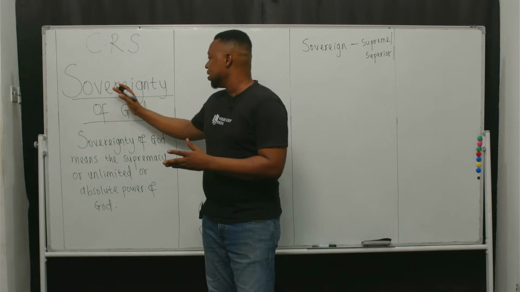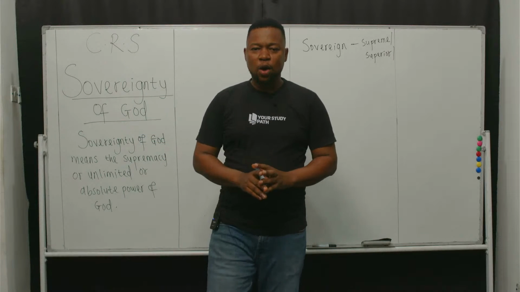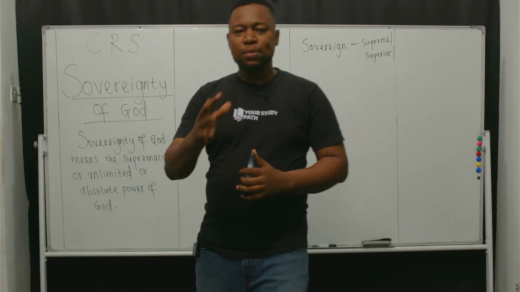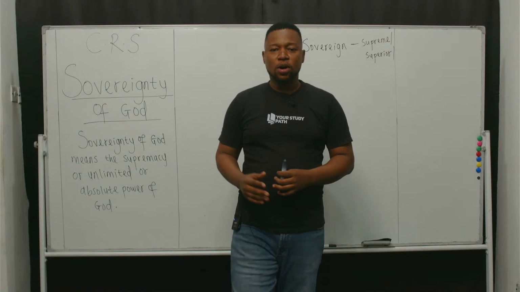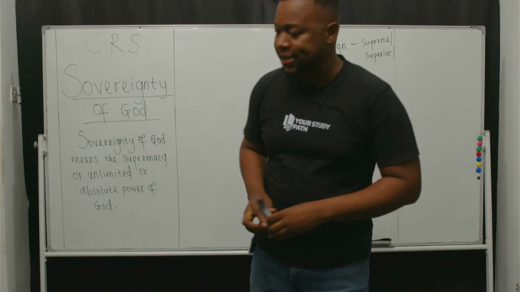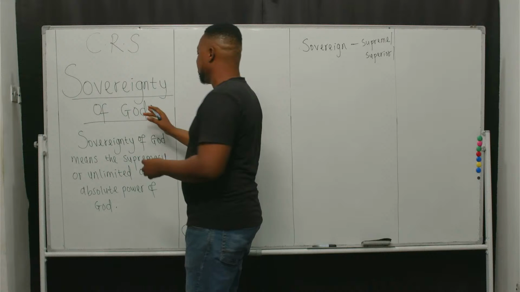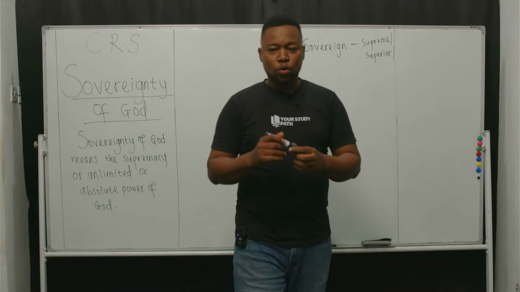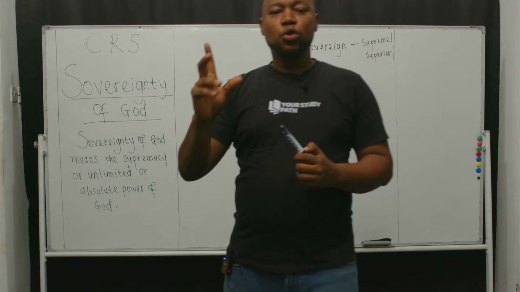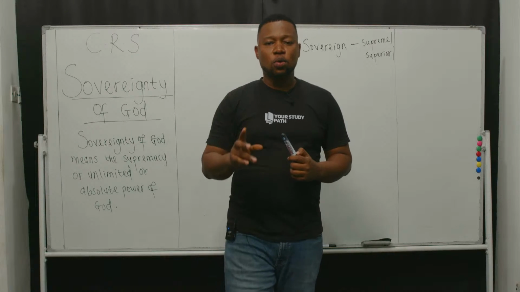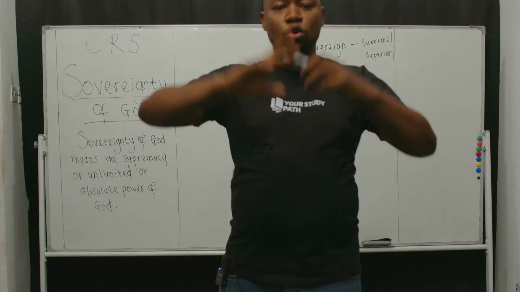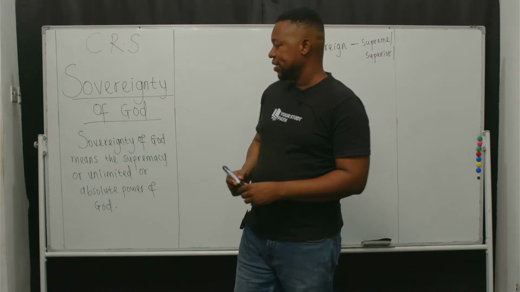We call it the sovereignty of God, and we'll be looking at how God demonstrated supreme or unlimited power through two basic aspects. God's sovereignty is demonstrated in two major forms. The first one is the creation story, and the second one is God being the controller of the universe.